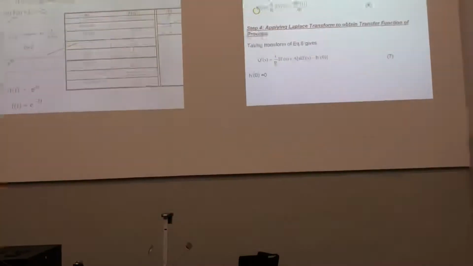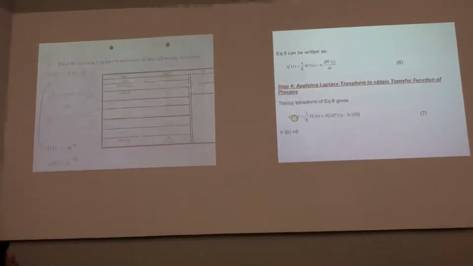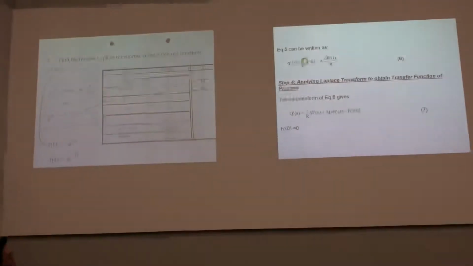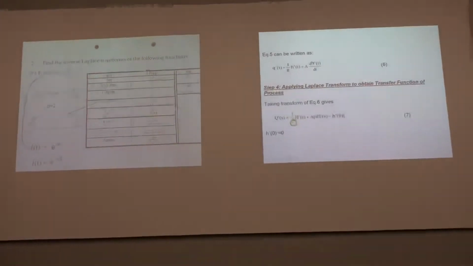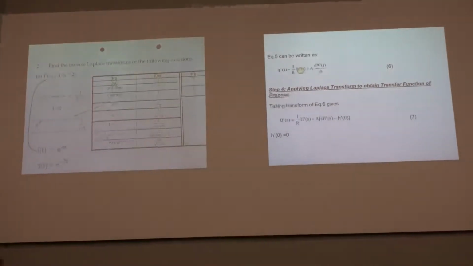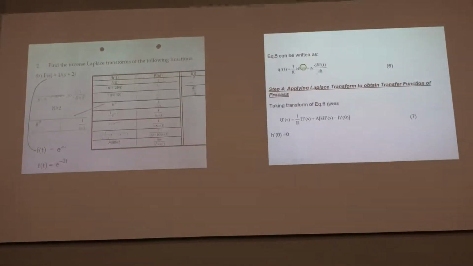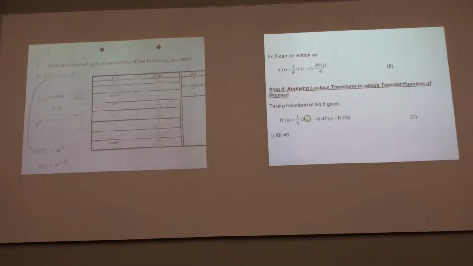Same thing applies here. Q prime, if I transform, it becomes capital. 1 over R is a constant, so you don't change it, you keep it as 1 over R. H prime is a small letter here. When it is transformed, it becomes a capital. So H prime transformed becomes capital here.